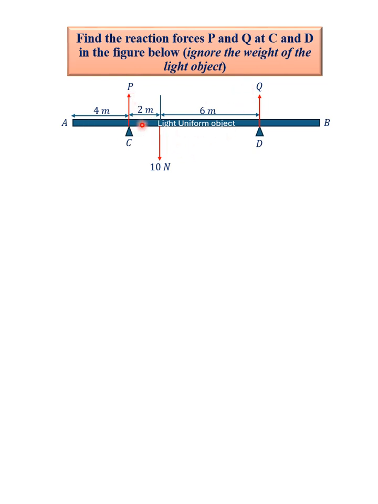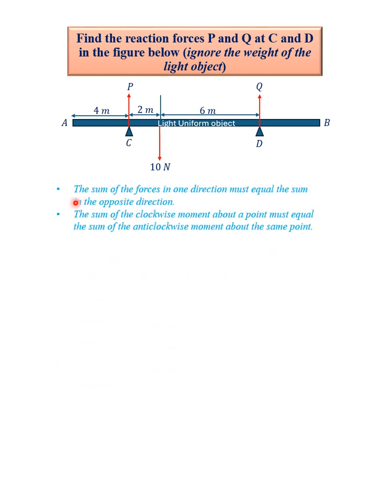If we look at this, it is a uniform object that is at equilibrium. For such an object at equilibrium under the influence of coplanar forces, such as this, there are two conditions that must be satisfied. 1. The sum of the forces in one direction must equal the sum in the opposite direction.